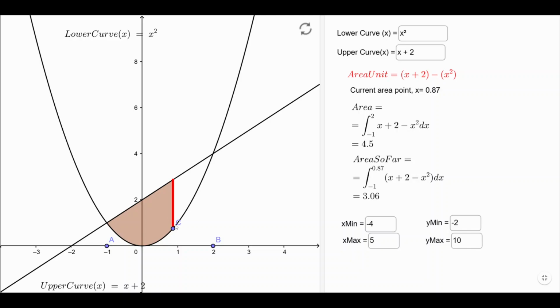We are looking at a GeoGebra resource, and in this I'm going to explain the concept behind finding the area between the two graphs.